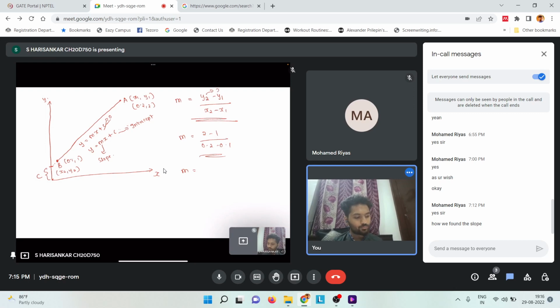So y2 we took it as 2, and y1 we took it as 1. This x2 is basically 0.2 and x1 is 0.1. So the slope m will be 2 minus 1 by 0.2 minus 0.1, which will be 1 by 0.1, and that will be 10.